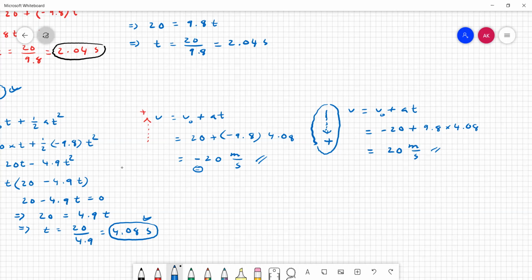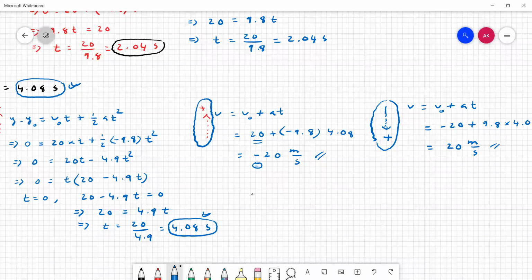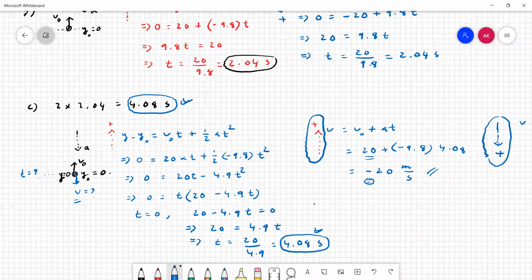If I use the upward direction to be positive, you see that? I use the kinematics equation. So if I use the upward direction to be positive, what V naught do I write? The positive 20. Why have I written positive 20? Why not negative 20? Because you chose the upward. Which direction is V naught?